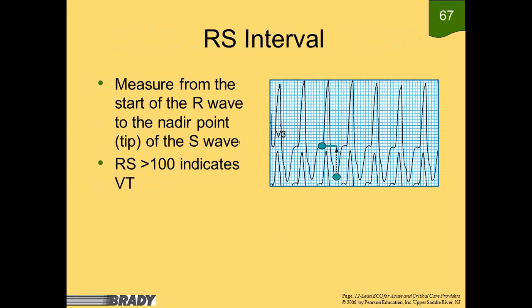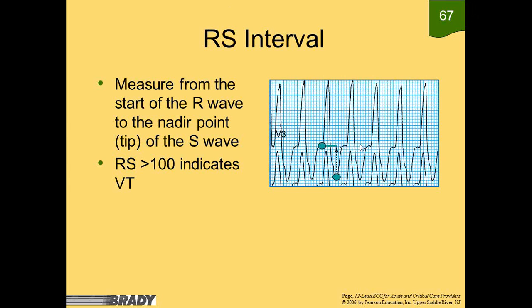Okay. Now this is a very accurate way. You have to almost have a calibrator or calipers in the field with you to be able to actually measure this out. But if you've got time or you're in an ER setting, you can. So we're going to measure from the start of the R wave. It's got it right here.